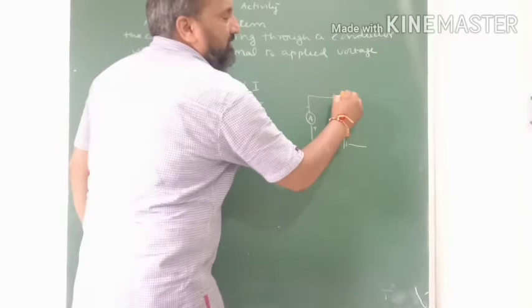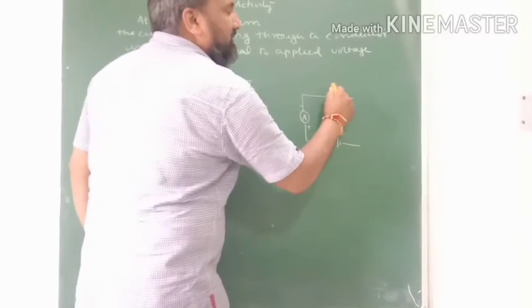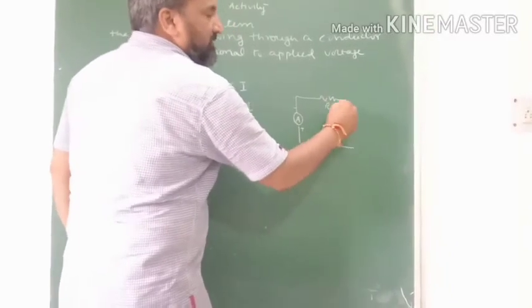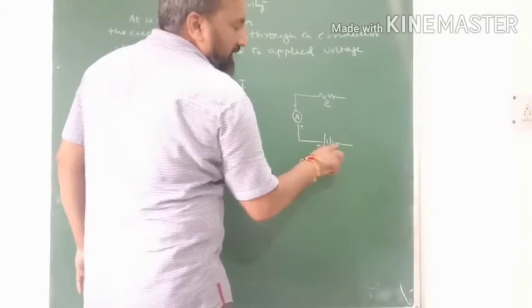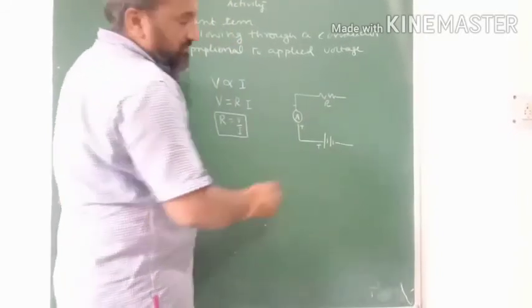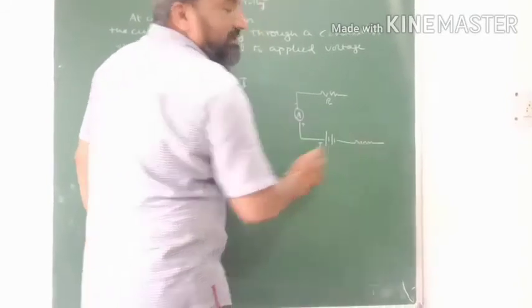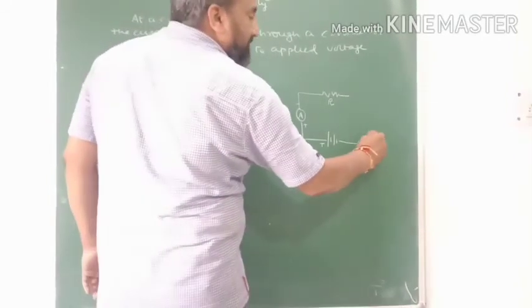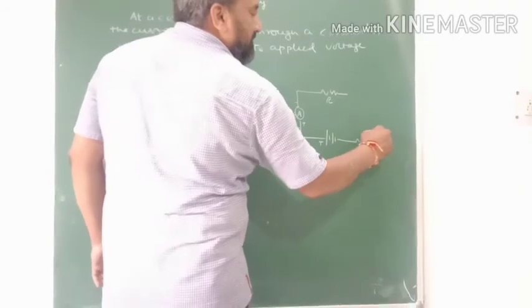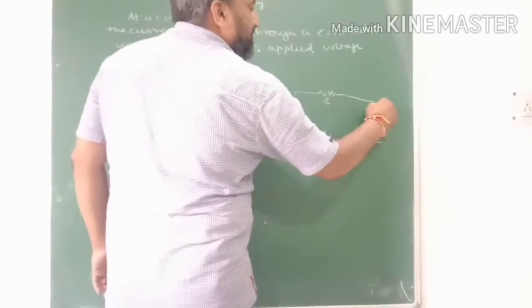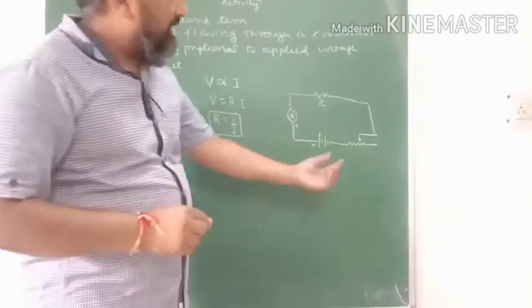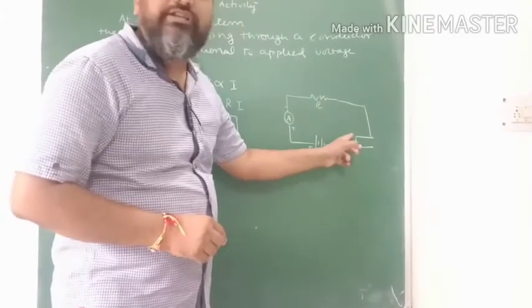Connected to the load resistance, and the other end of the battery is connected to a variable resistance called a rheostat. The rheostat has two fixed ends and one variable end.